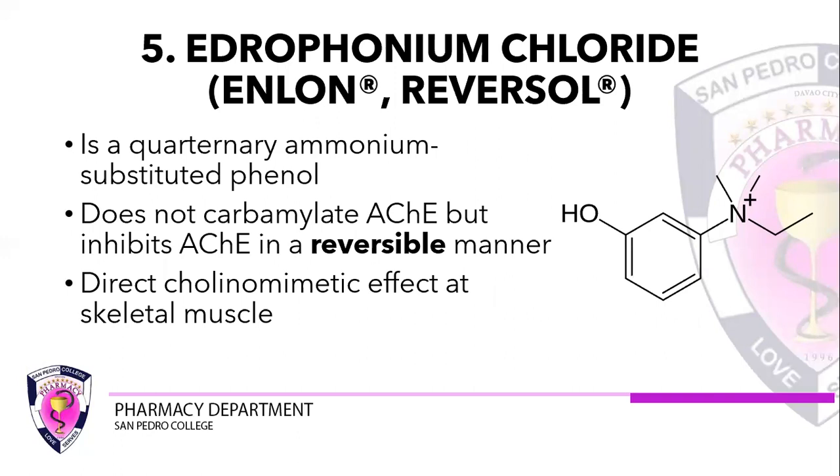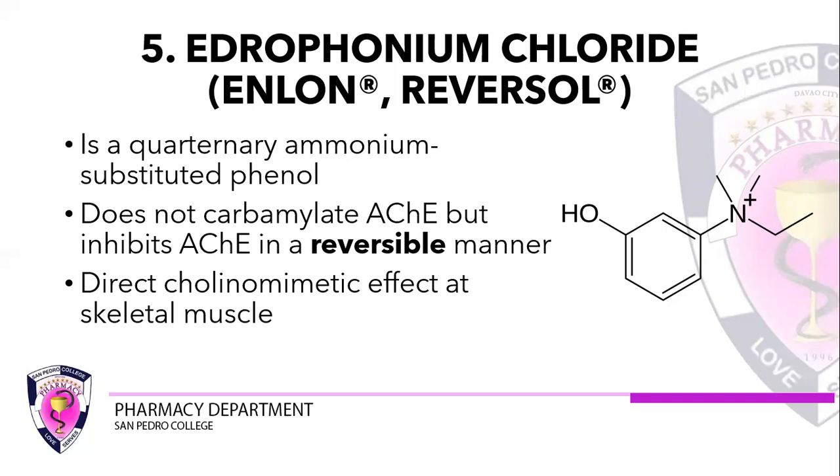And the fifth reversible acetylcholinesterase inhibitor here is the drug edrophonium chloride. Edrophonium chloride is a quaternary ammonium substituted phenol. So this one is water soluble. It does not carbamylate acetylcholinesterase kasi wala siyang carbamate group, pero it inhibits it in a reversible manner.